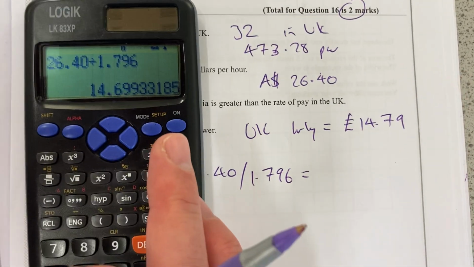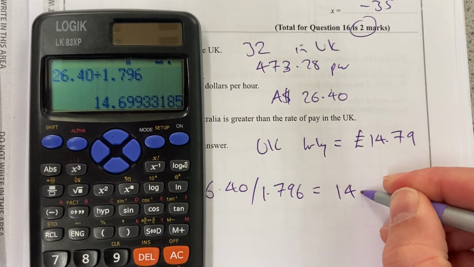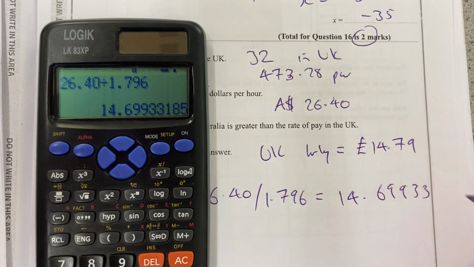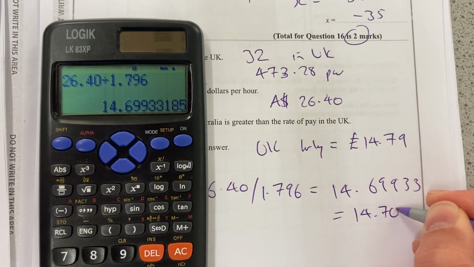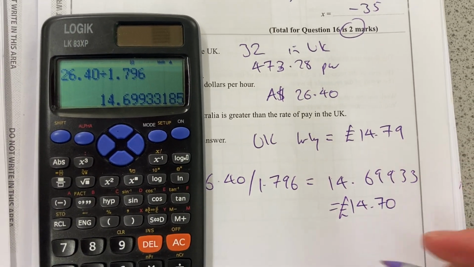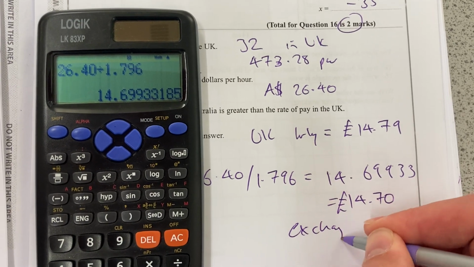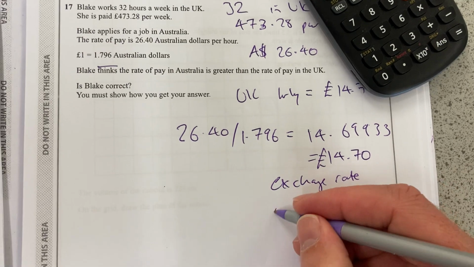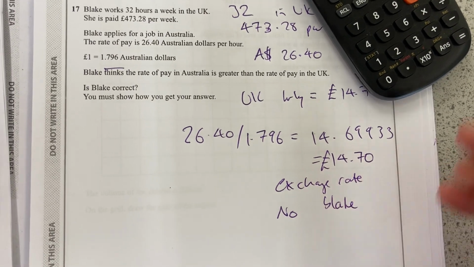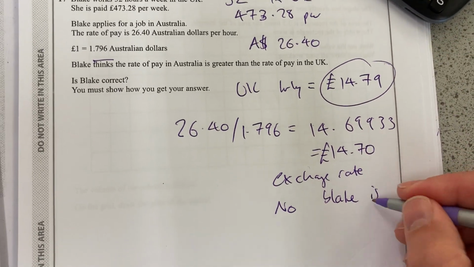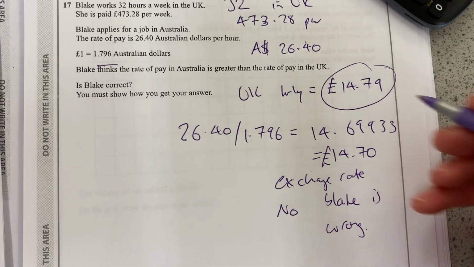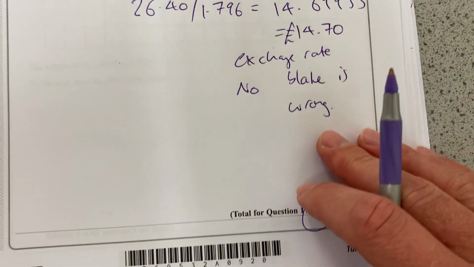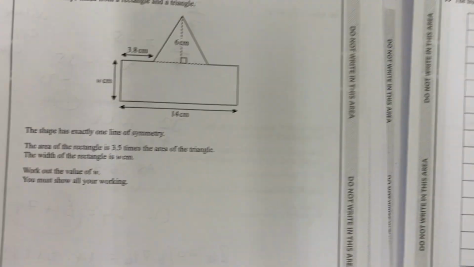And I get 14.6999 and so on, which would be 14.70 using the exchange rate. So the answer is no, Blake is wrong. You would get more in the UK. Okay, a nice 3-mark word problem there.